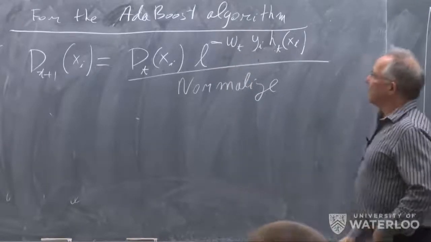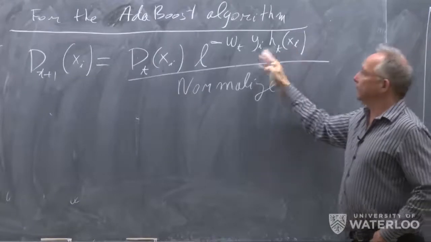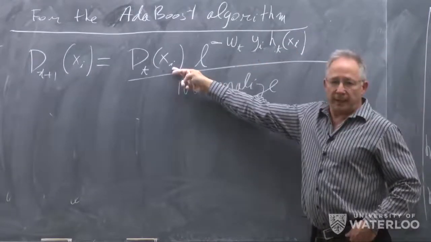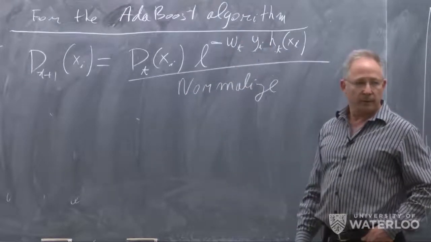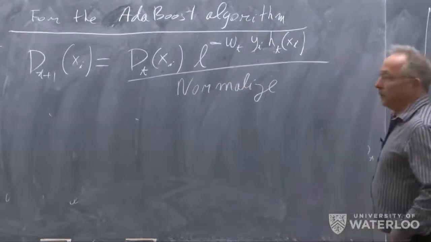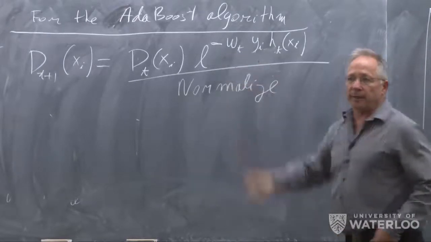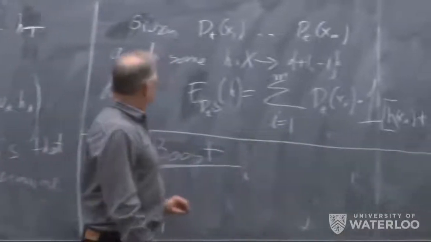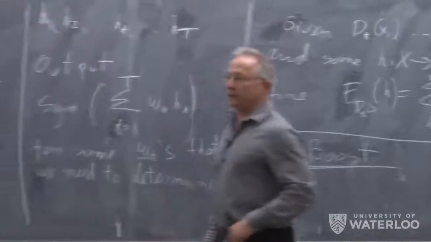So this formula tells me whenever you are correct, decrease the weight of this point x_i, and whenever you are wrong, increase the weight of this point. What I still need to tell you is what those w_t are. Those are the same weights that we will use at the end when we output our final hypothesis.